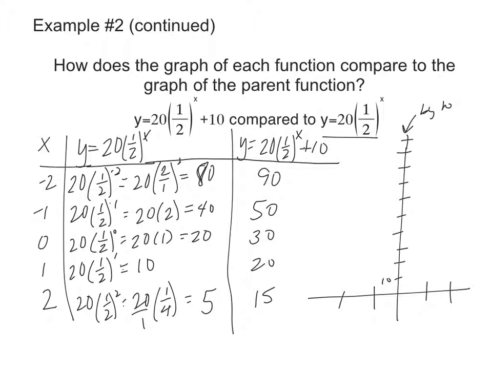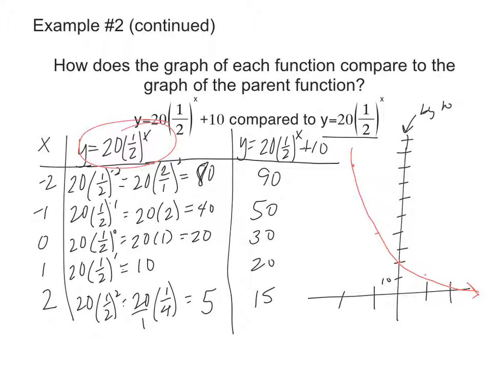Okay, so that would be for the first one, -2 and 80, which is about here. -1 and 40, 0 and 20, 1 and 10, and then 2 and 5. Okay, so this graph is doing something like that. Okay, it's definitely a decay.